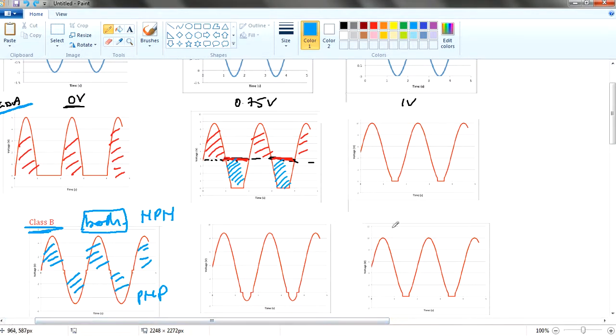But class A is not efficient. Why is class A less efficient than class B? It's mainly because P equals VI, right? For class B, you actually don't need additional biasing voltage. It's all the way like this, and you just have a little notch over here. That's just a little bit of distortion, but you don't need a biasing voltage.